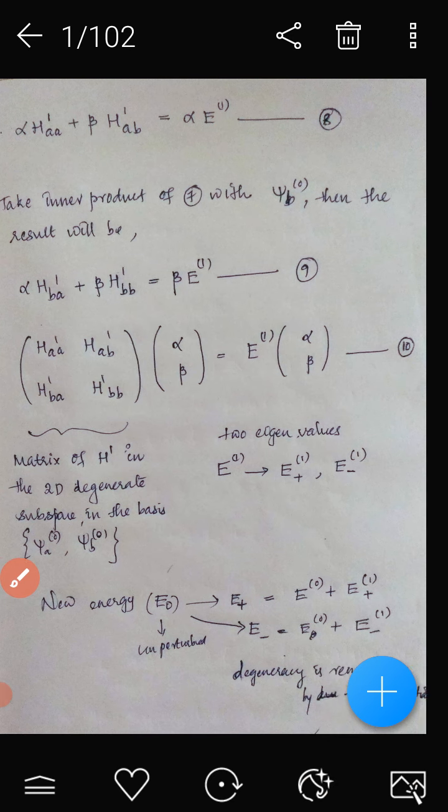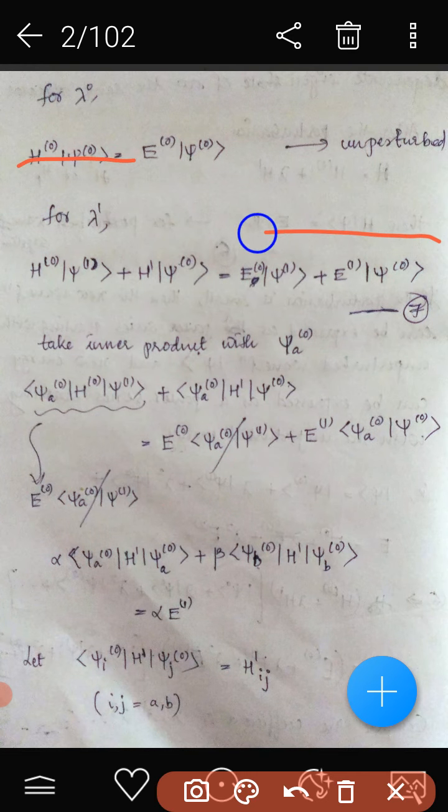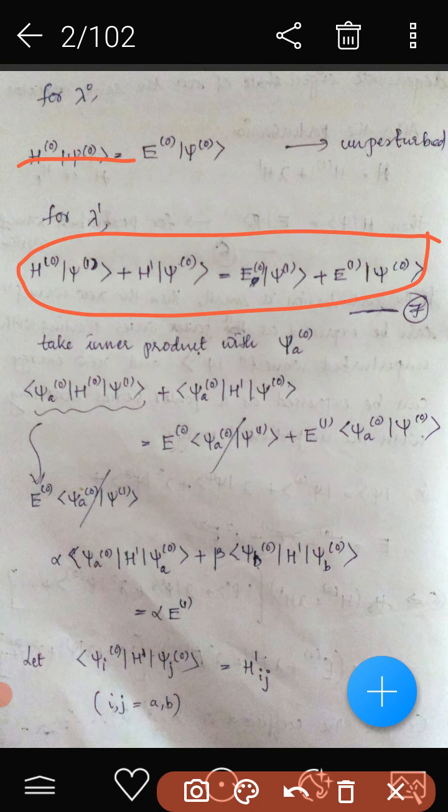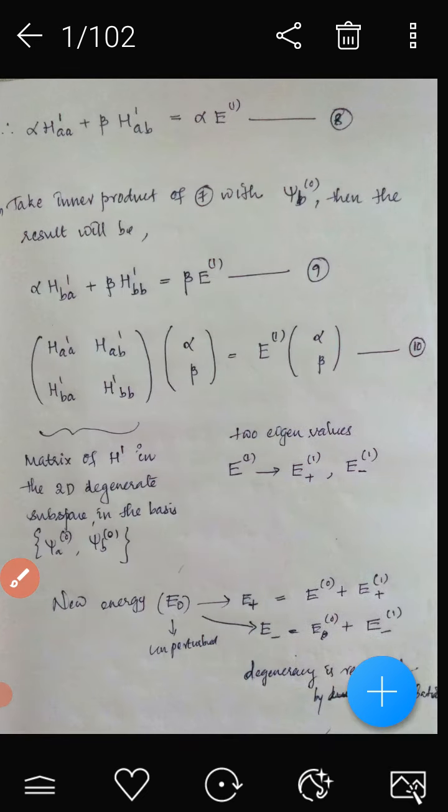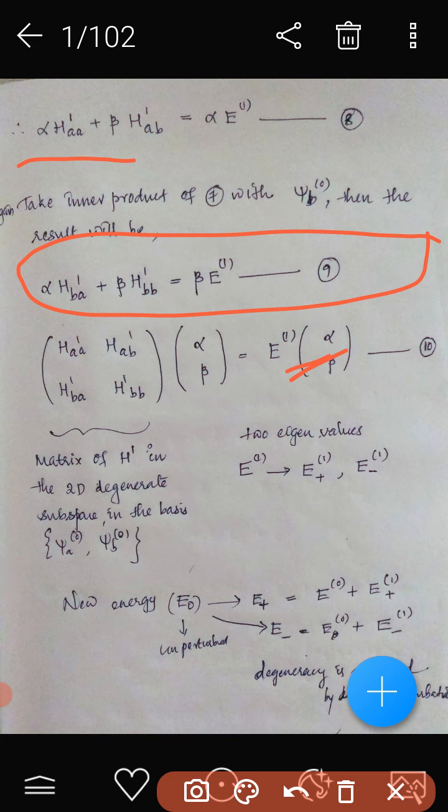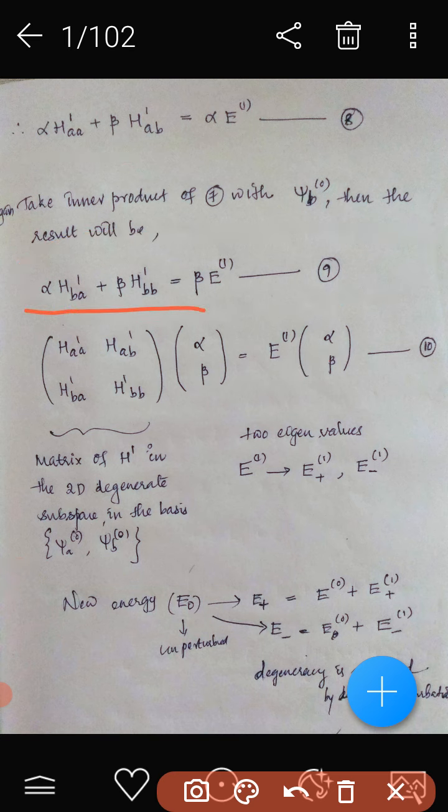Now we again take the inner product of equation 7 with psi_b^0. First we took the inner product with psi_a^0, now with psi_b^0. The result will be alpha H'_BA plus beta H'_BB equal to beta E1.